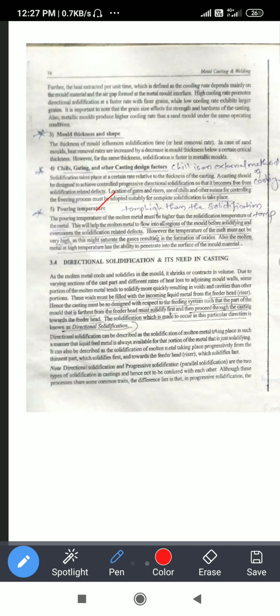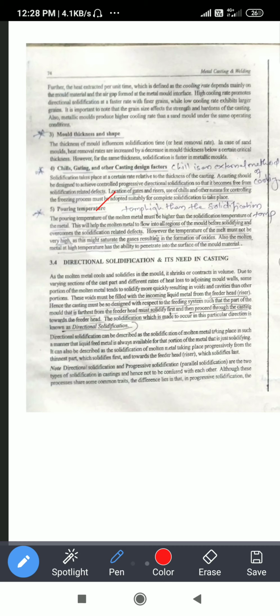That pattern should be designed in such a way that when the shrinkage process is going on, at that same moment the liquid metal coming from the riser side fills the cavity in a proper manner and in sufficient quantity, so that it can reduce the shrinkage defects.